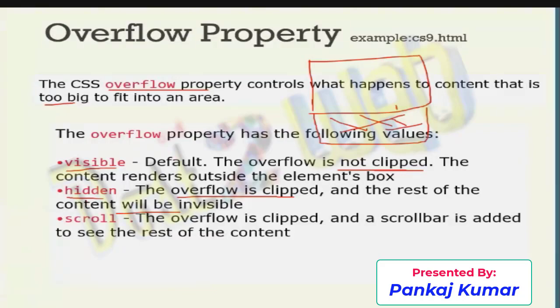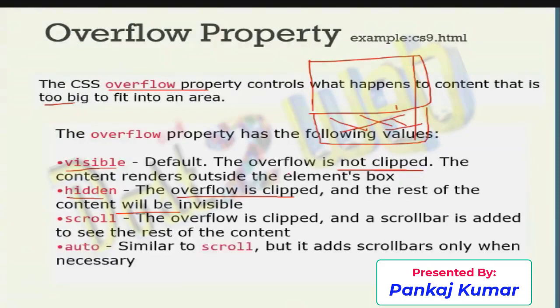If you give a scroll, what happens? If I give the scroll, the overflow will get clipped. If the height I have given is only till here, but the content is defined till the end, then a scroll bar will automatically appear, either horizontal or vertical. If you give the auto property, it is similar to scroll, but it will add the scroll bar only when necessary.